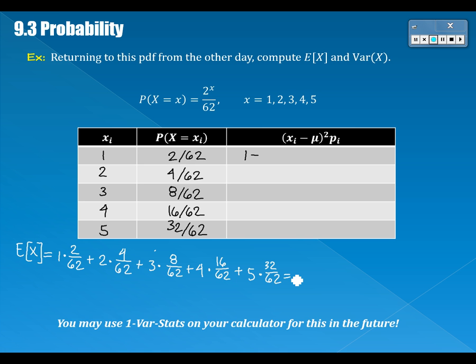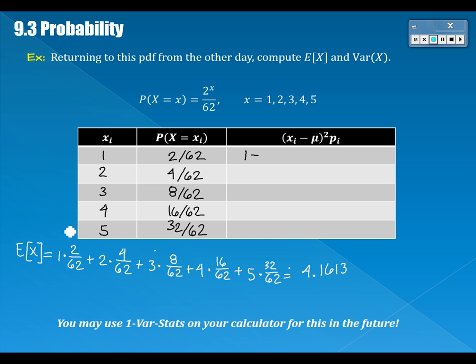I'm getting for the mean something not real nice, 4.1613. Whatever you get, maybe you can store that in your calculator. So this is approximately 4.1613. Does that make sense? I think that's fair. It should be weighted up here more. We rarely get 1s, but lots of times we get 4s and 5s. So that should make sense.